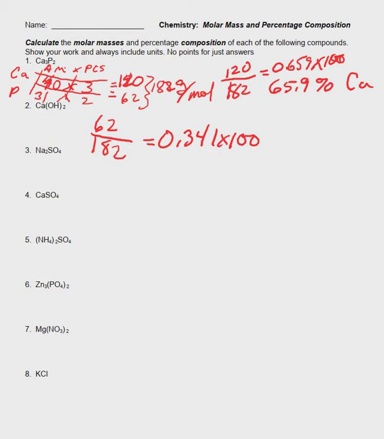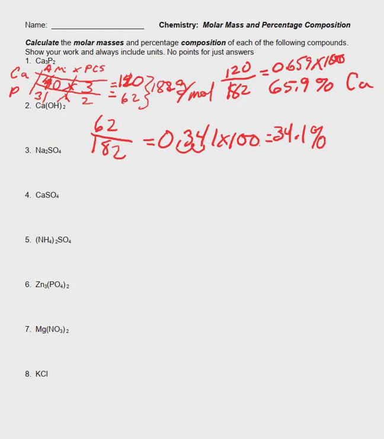So we move it over 2 places, which equals 34.1%. And if we add it all together, that gives us 100.